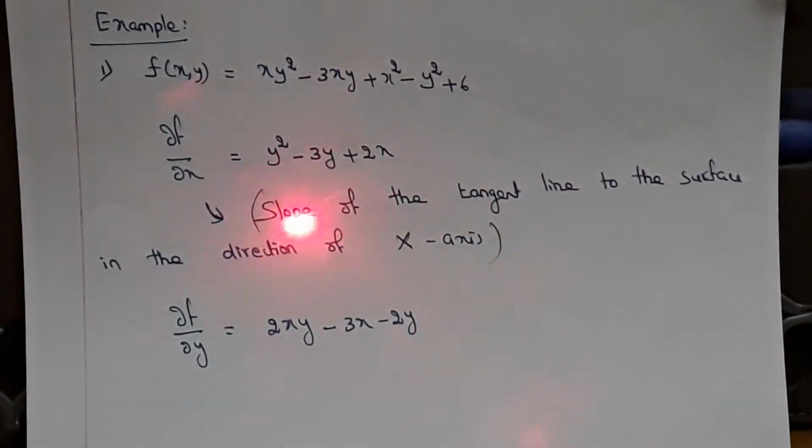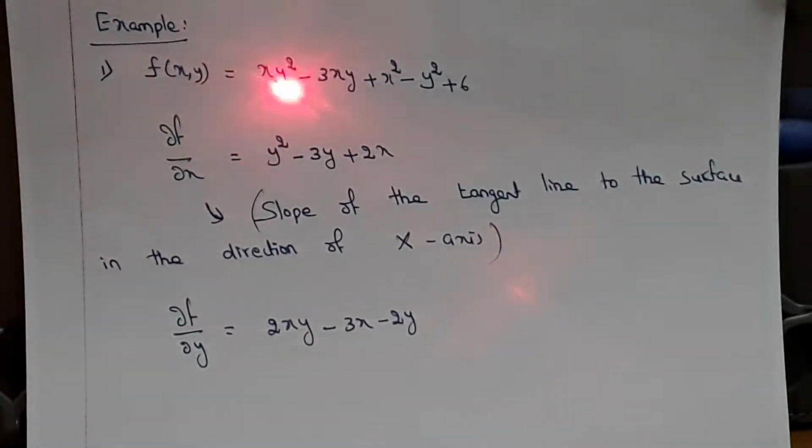That represents the slope of the tangent line to the surface in the direction of the x axis. Similarly, we can find the slope of the tangent line in the direction of the y axis, that is the partial derivative of the function with respect to y. At that time we have to keep x as a constant.